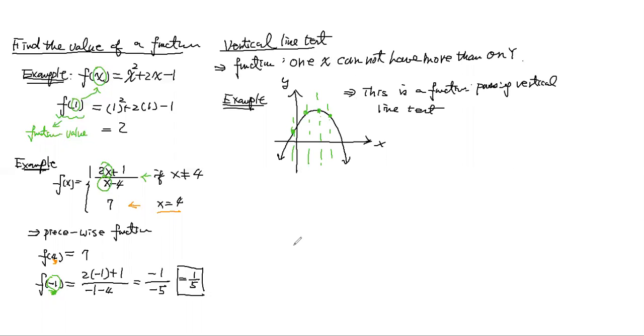Okay, now let's take a look at another one. How about if I turn this curve around, so I do it like this. This is my x, this is my y. Now let's do another vertical line test.